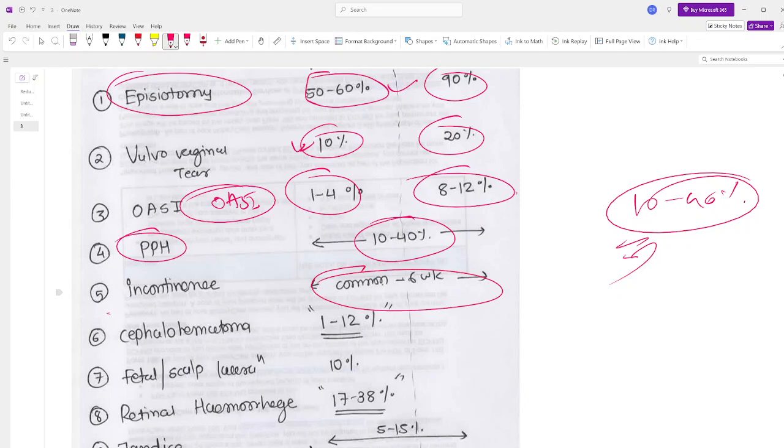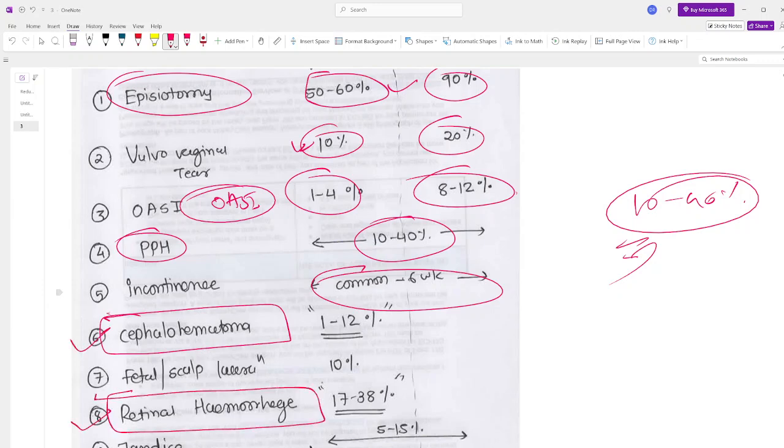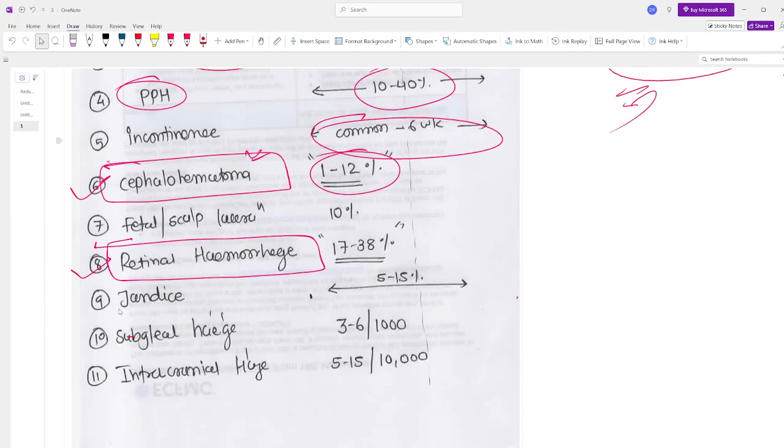We don't have the exact figure, but it is common at 6 weeks, but it gets better with time. Now cephalohematoma and retinal hemorrhage, both of these complications are more common with vacuum. Cephalohematoma is more common with the vacuum, 1 to 12%. Retinal hemorrhage 17 to 38%, which is not a very good thing.